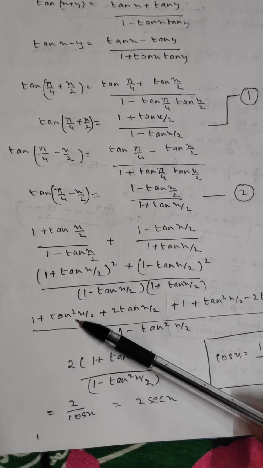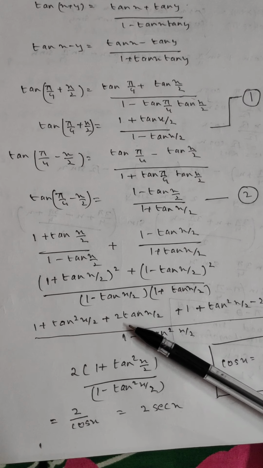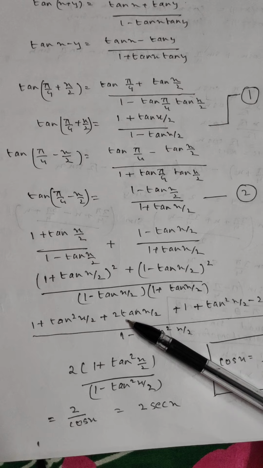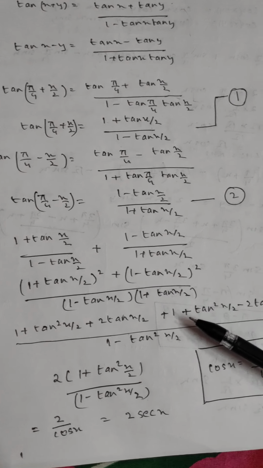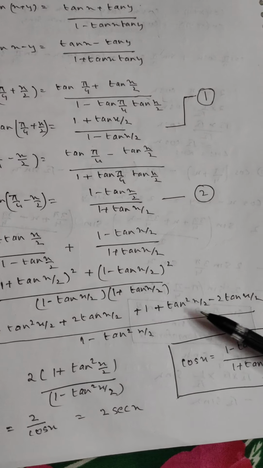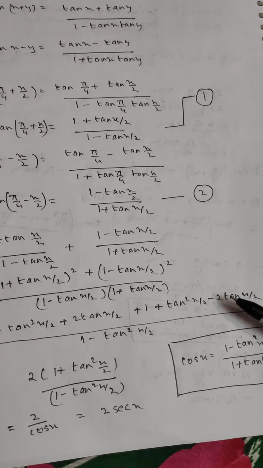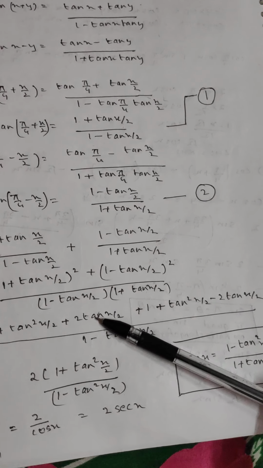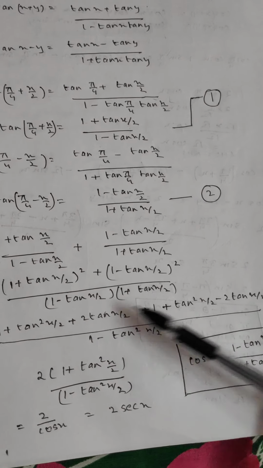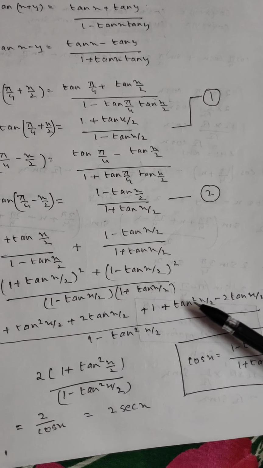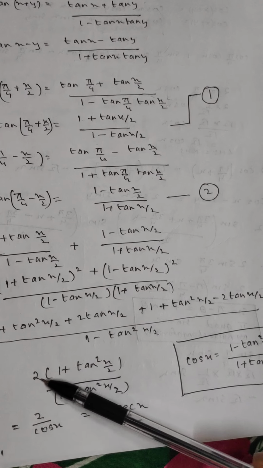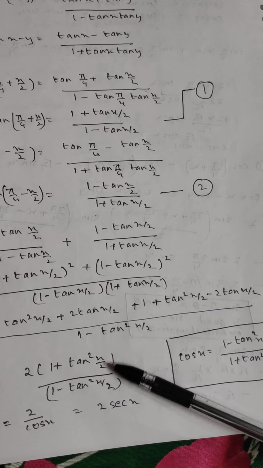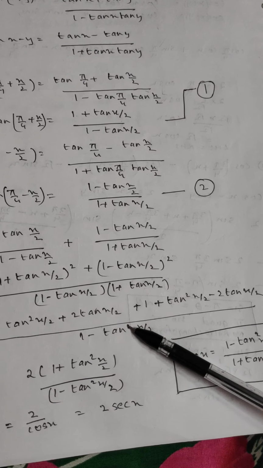This becomes 1 plus tan square x by 2 plus 2 tan x by 2, and this becomes 1 plus tan square x by 2 minus 2 tan x by 2. See, 2 tan x by 2 and 2 tan x by 2 cancel, 1 and 1 is 2. Then there are 2 tan square x by 2, we can take 2 common: 2 (1 plus tan square x by 2) upon (1 minus tan square x by 2).